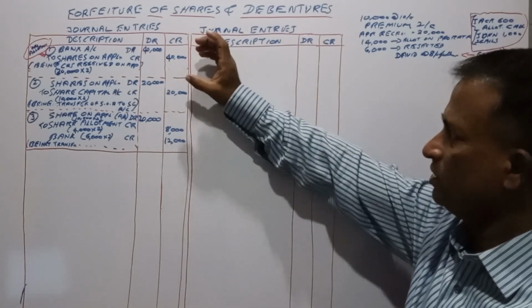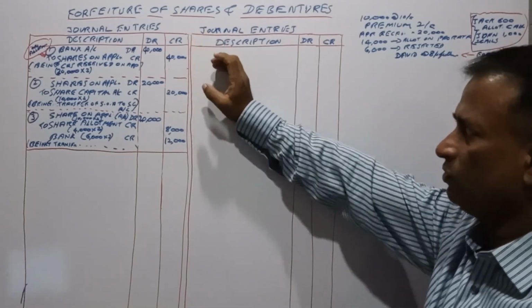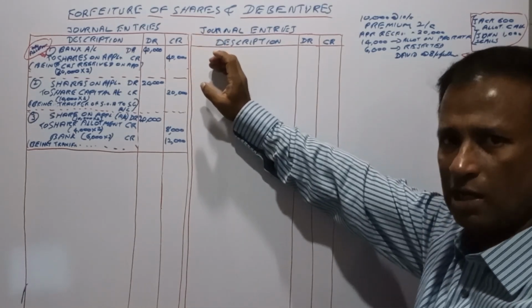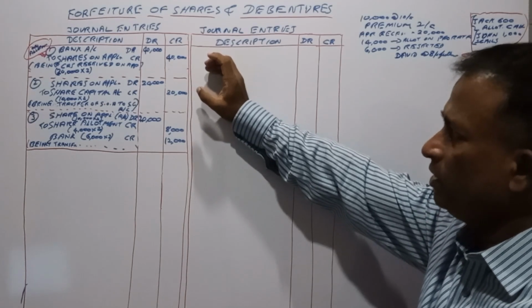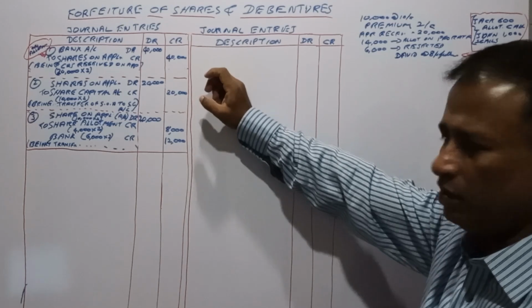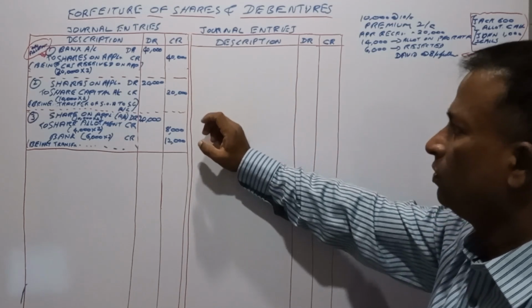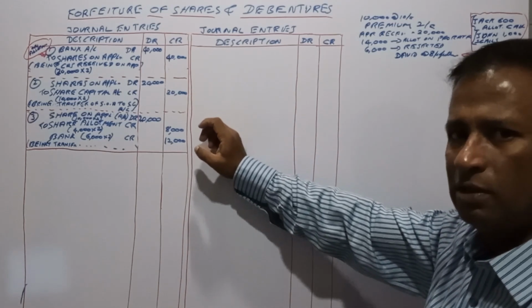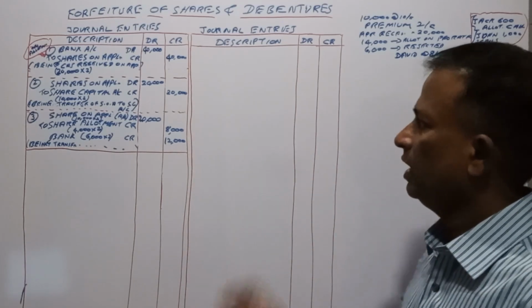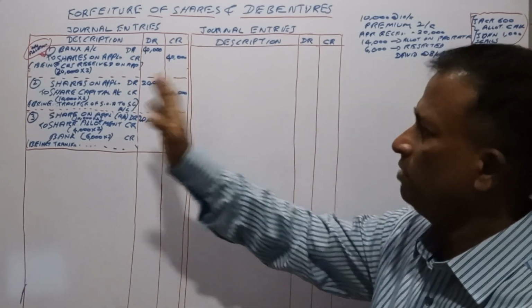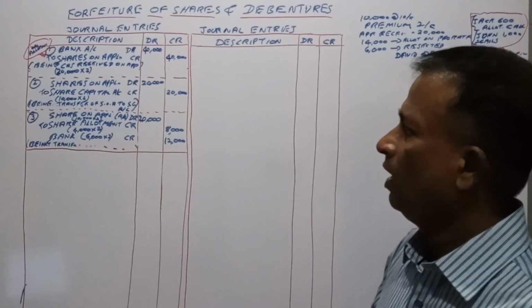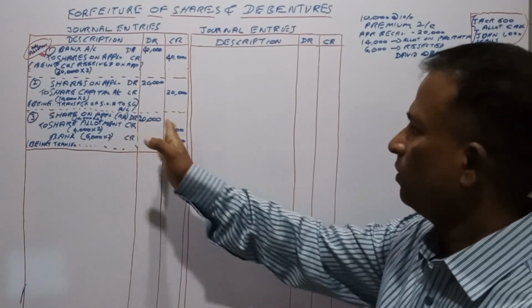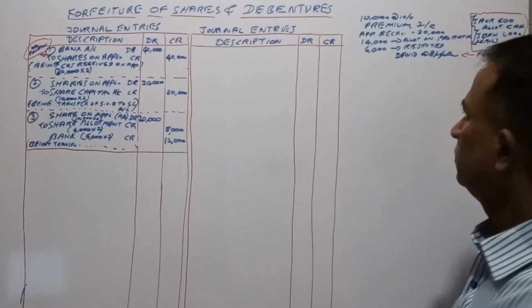Another 20,000 is remaining, because out of 40,000 in the share application account we have debited 20,000, and 20,000 is remaining for adjustment. For that 20,000 we are debiting share application and crediting share allotment account.